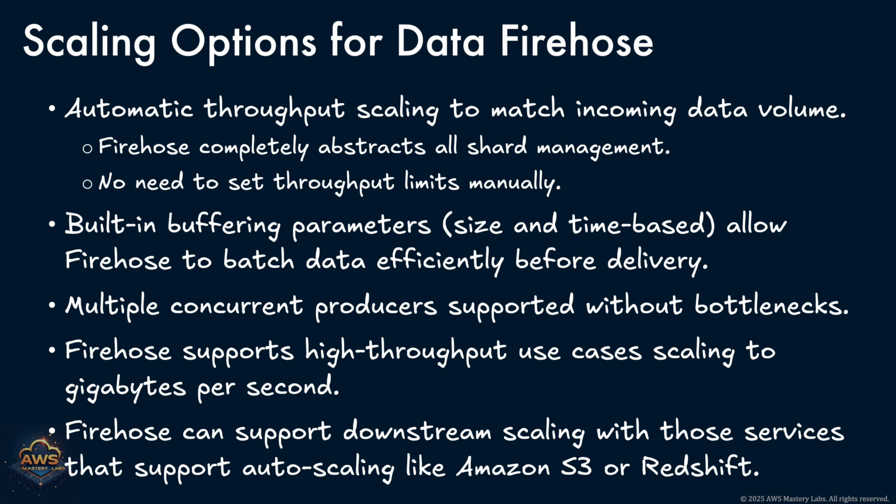As these services grow to meet their respective demands, Firehose continues to deliver data seamlessly, helping maintain a scalable end-to-end pipeline. And finally, Firehose includes built-in retry and error handling, which allows the service to respond gracefully under pressure. If delivery to a destination fails temporarily, Firehose automatically retries, scaling its delivery attempts without data loss.